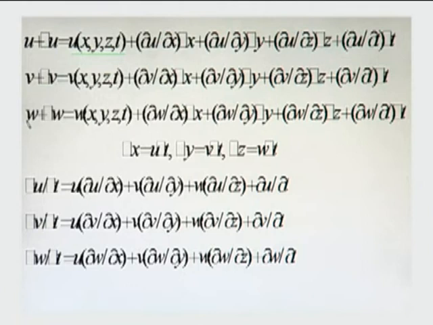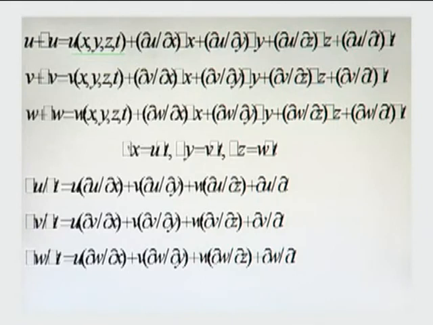Similarly, for the w component, w plus delta w is equal to w(x, y, z, t) plus these gradients of w velocity in x, y, z direction, plus the time derivative of w, del w over del t, into delta t.